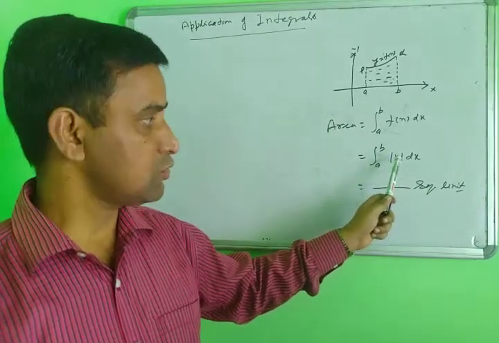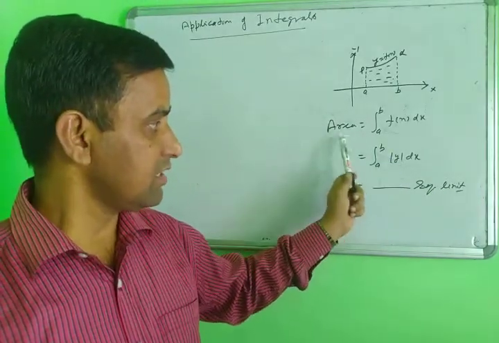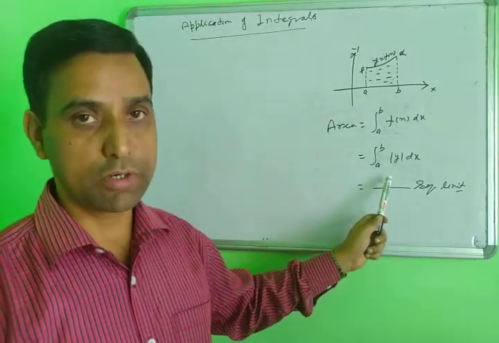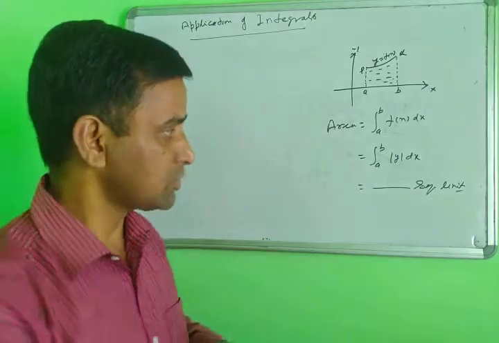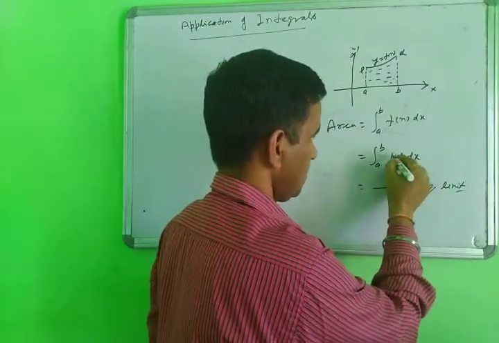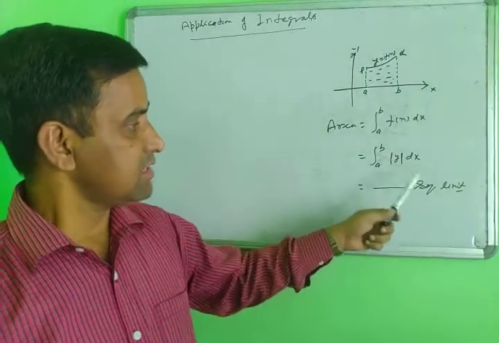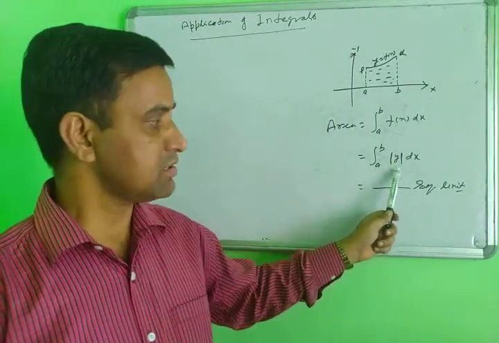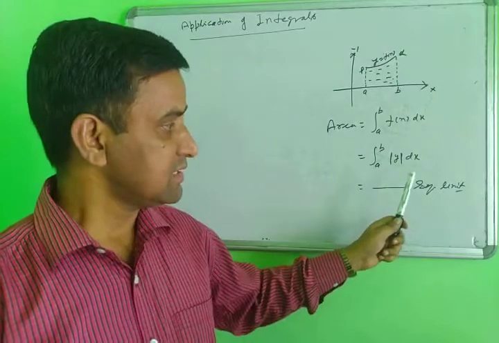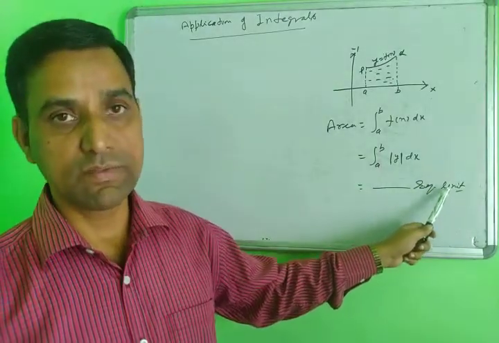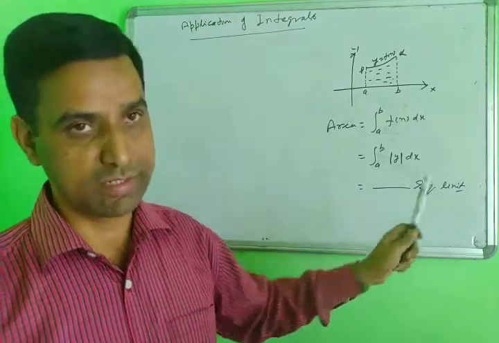And you will write the answer only in positive form, not negative. So you use the mod sign because the area will come in positive form. Second, you will always write the unit of the area as square unit in every question.